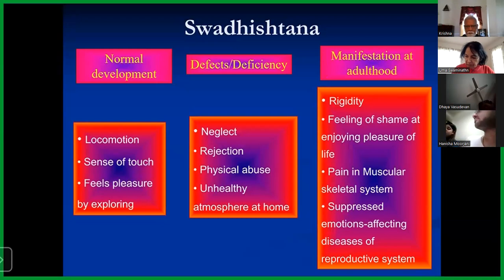The large intestine refuses the peristaltic movement. That movement does not happen. So the adult may suffer constipation, or on the other hand, often he gets diarrhea. The suppressed emotion may lead even to cancer.